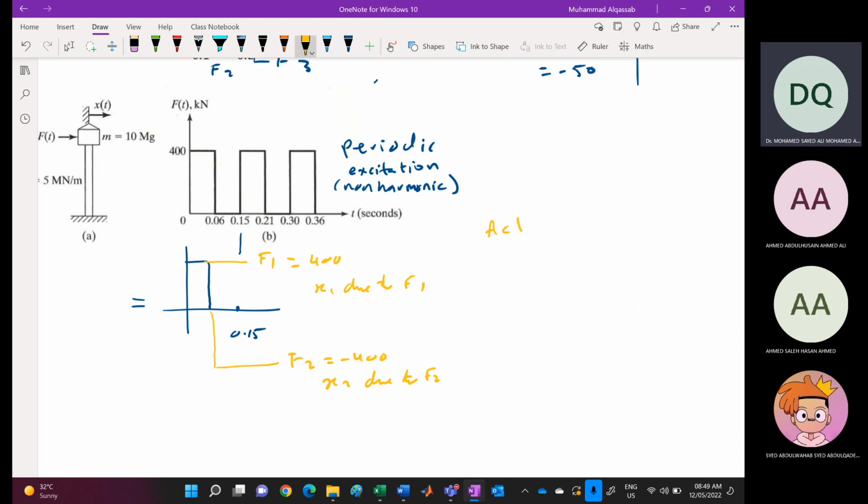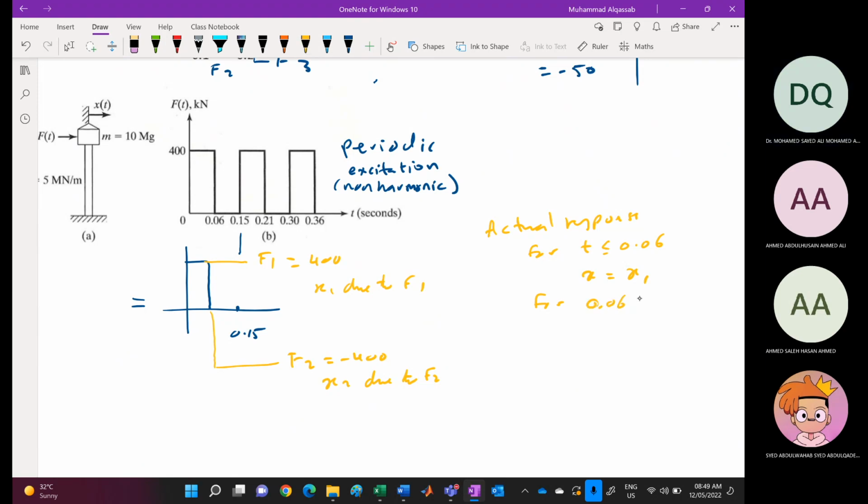So the actual response: for t less than or equal to 0.06, x equal to x1. For t greater than 0.06, less than or equal to 0.15, x equal to x1 plus x2. And this is what is required in part A.